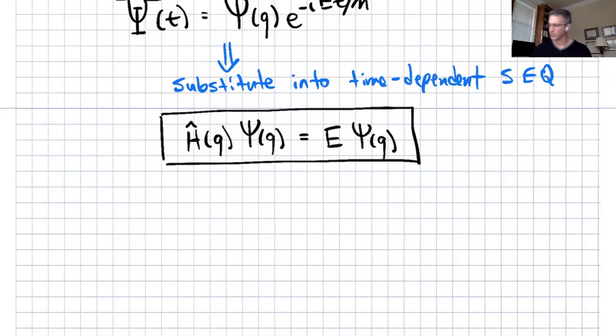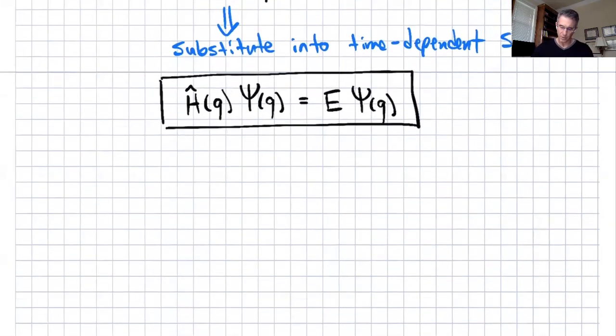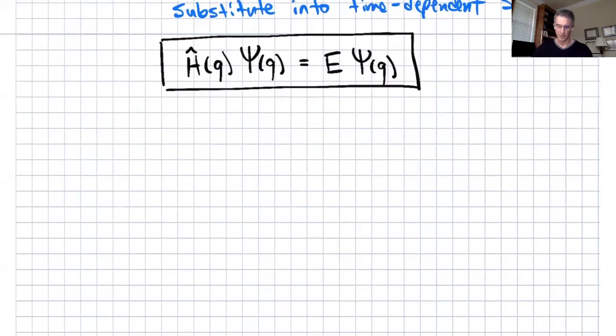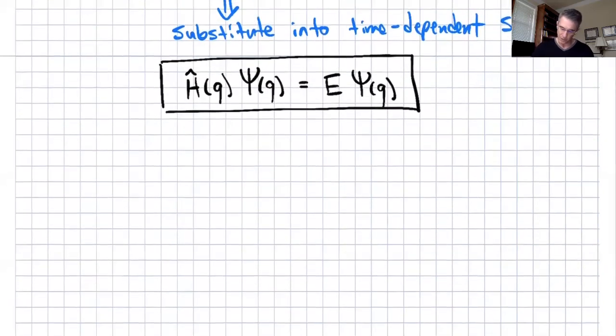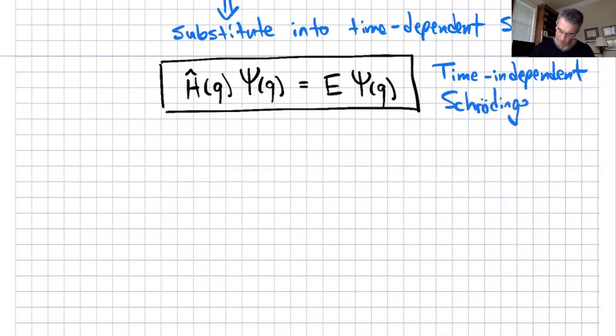So application just returns the energy. This is a general solution to the Schrodinger equation under a special set of conditions, and it gets a name. This is known as the time independent Schrodinger equation. Okay, it's going to become useful to apply this.